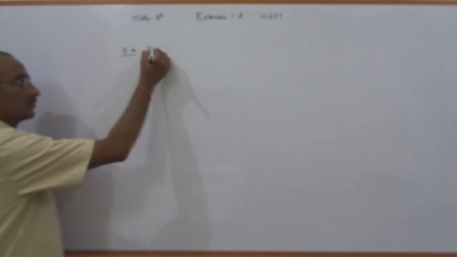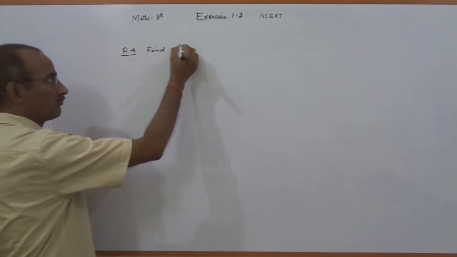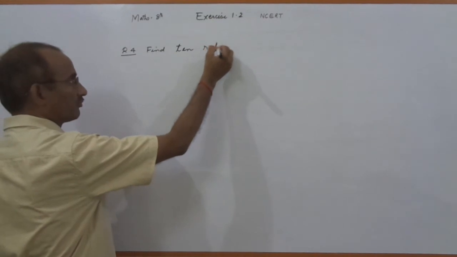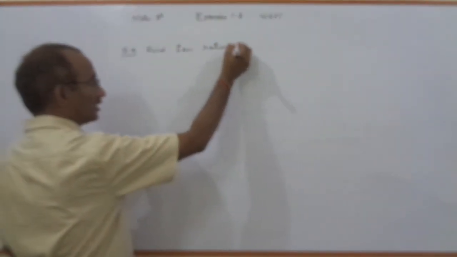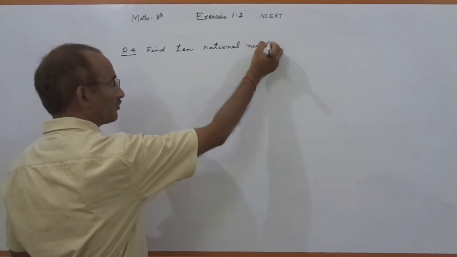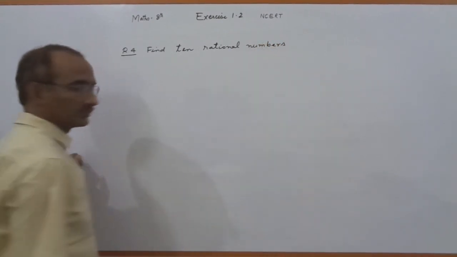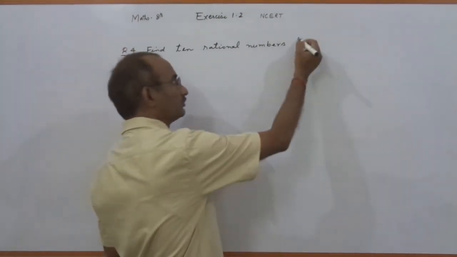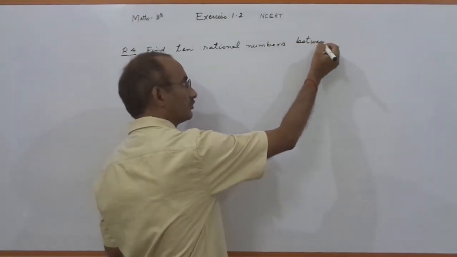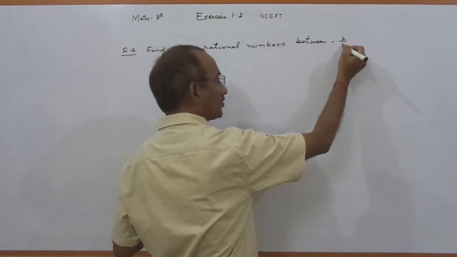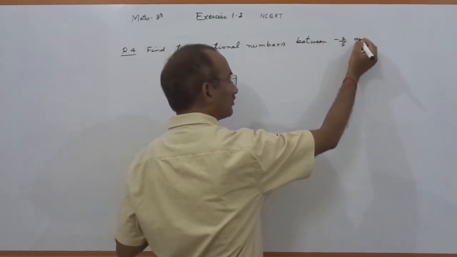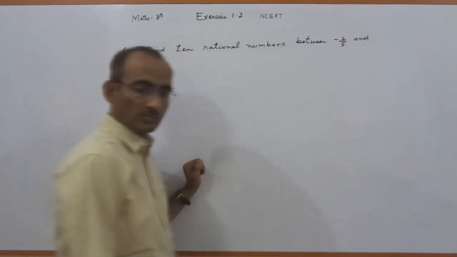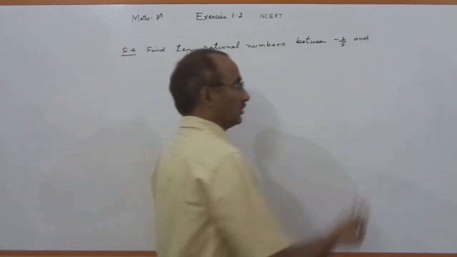Find 10 rational numbers between -2/5 and 1/2.